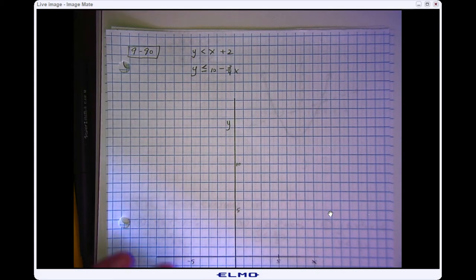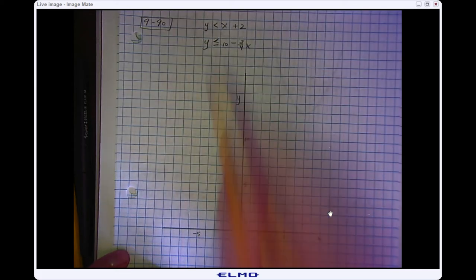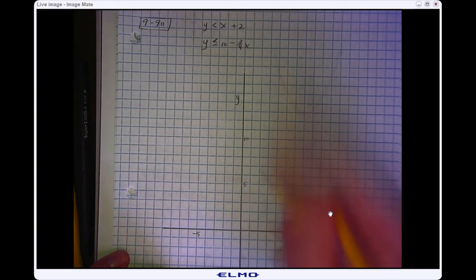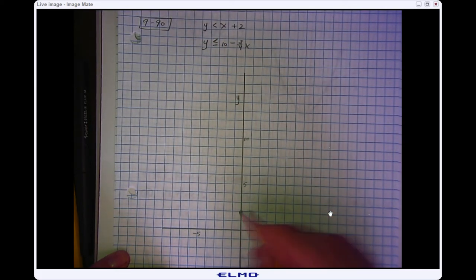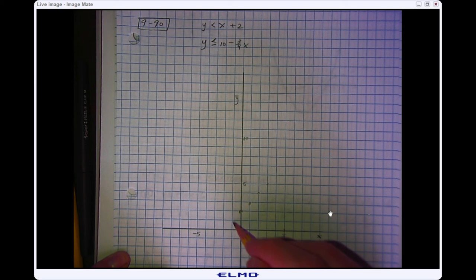So the next example is question number 90, where again, we're going to graph the two inequalities. I have a y-intercept of positive 2, and my slope is 1, so up 1 over 1. And again, if I look at the inequality sign, there is no equal sign, so this has to be a dashed line.